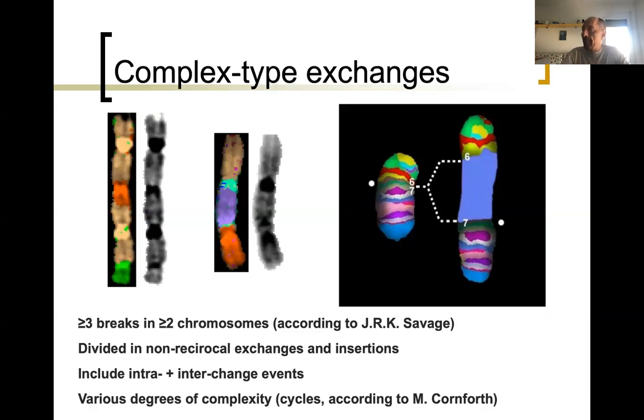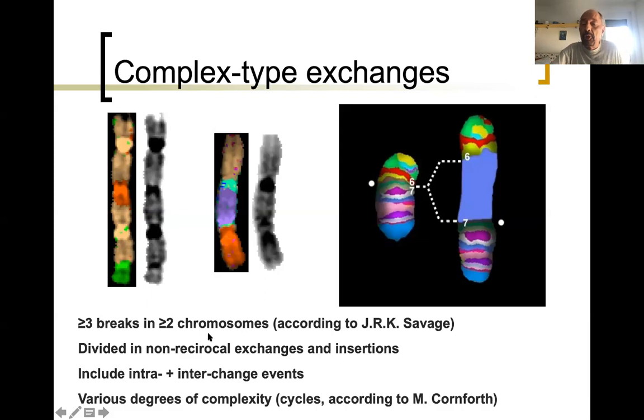And then you have complex type exchanges. By definition, a complex type exchange is an exchange that involves at least 3 breaks in at least 2 chromosomes. This is a definition by John Savage, who was an English cytogeneticist.